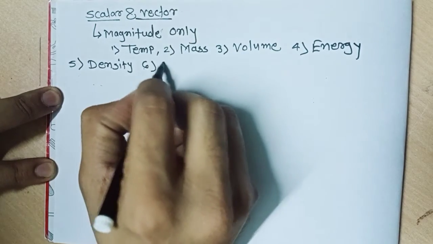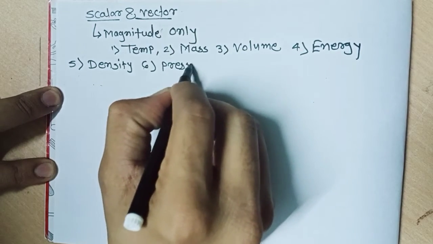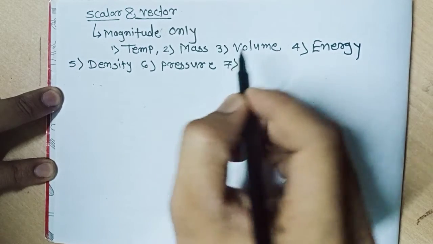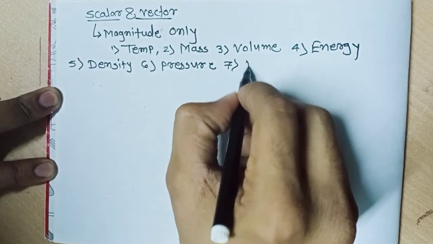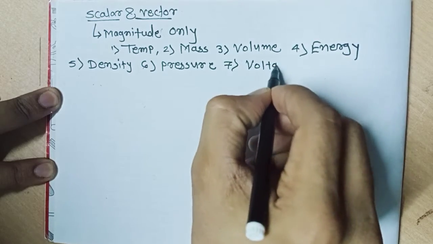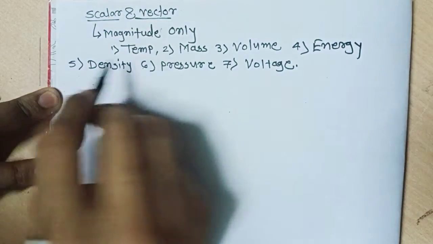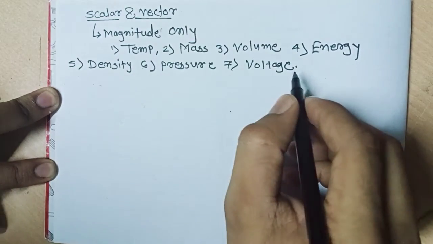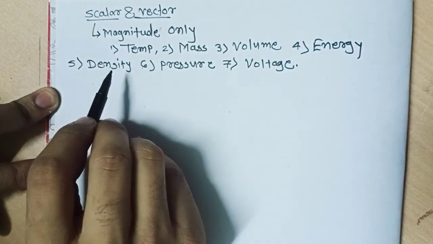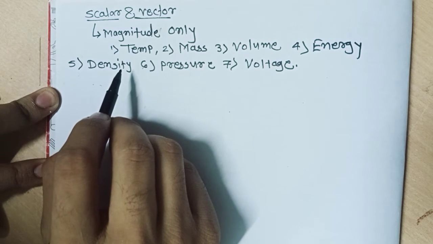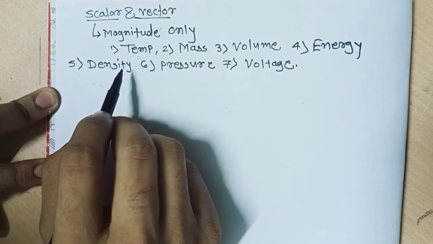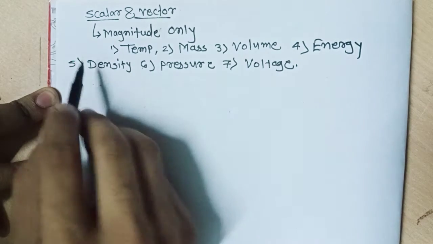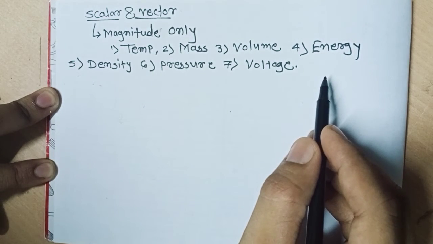Next is pressure, and for electronics students I must write here voltage. If you observe all those physical quantities, you will find they can be described by only their magnitudes. They do not require direction. Hence these quantities are termed scalar quantities.